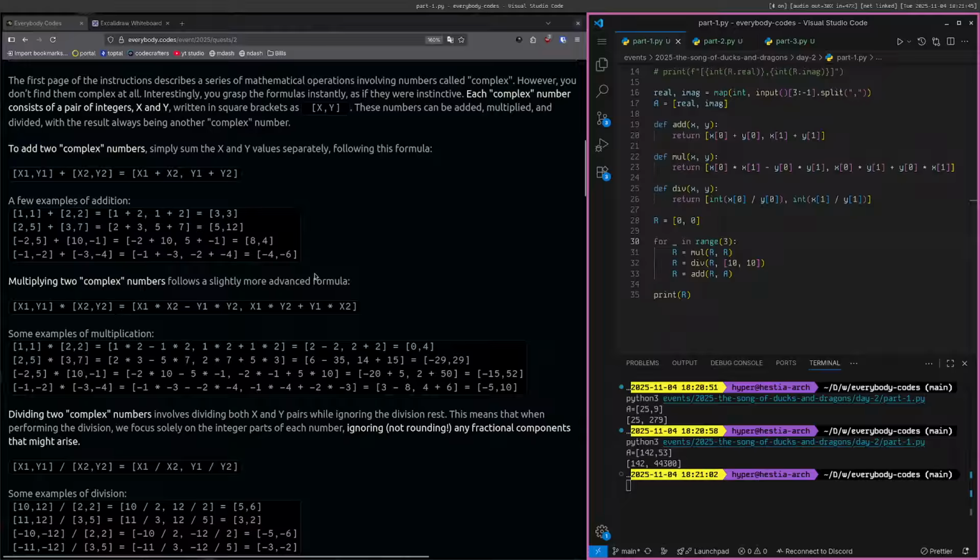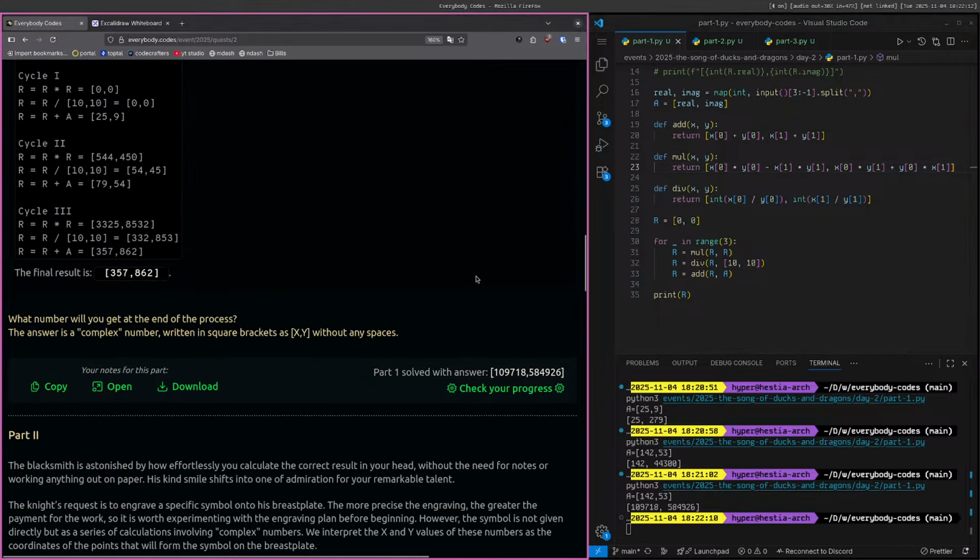I didn't realize they were using 1 for the first variable and 2 for the second one. Okay. Learning how to read continues to be important for challenges like this. Okay, this should hopefully work. Yeah, there we go.